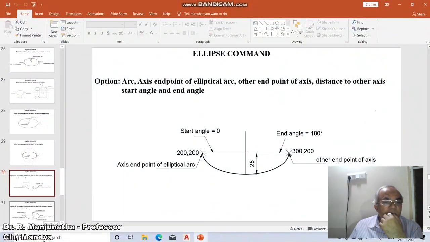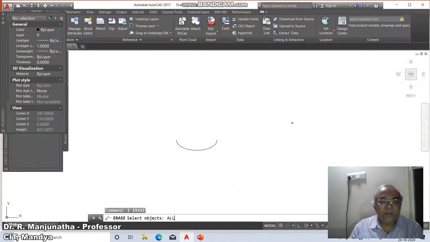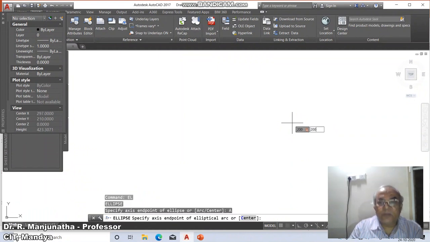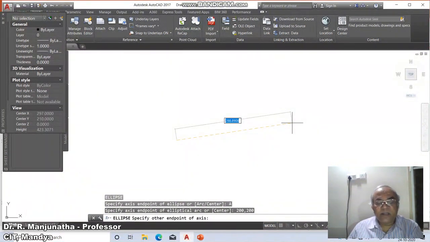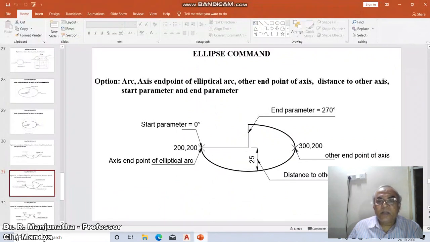Now we have one more option, which is parameters. So end parameter and start parameter. To do that, the command is again ellipse. Then I will invoke the arc option, specify axis endpoint of elliptical arc, which is 200,200. Then the other endpoint of the axis is 300,200. Then specify distance to other axis, which is 25 mm.